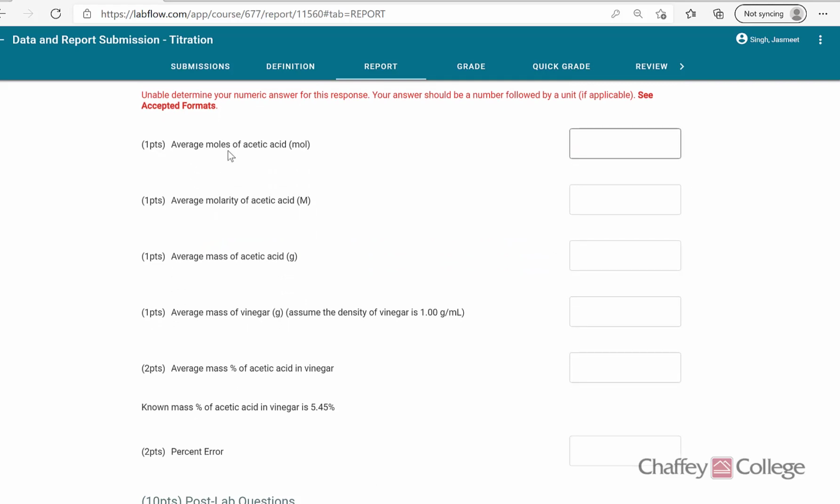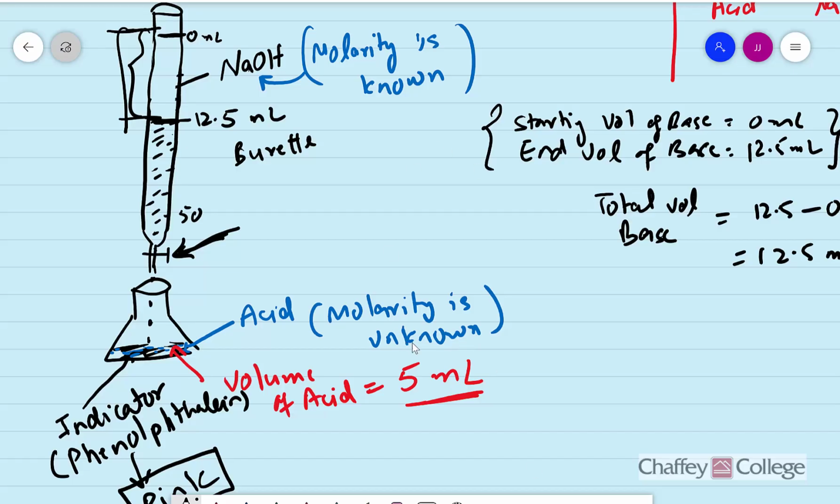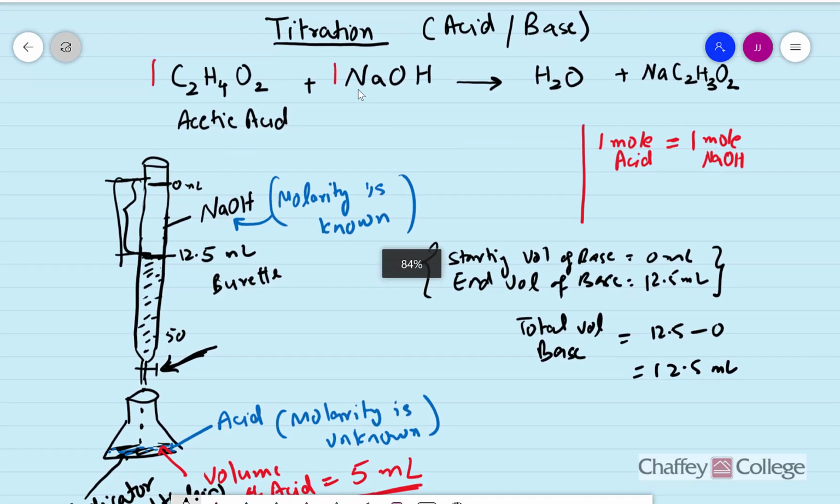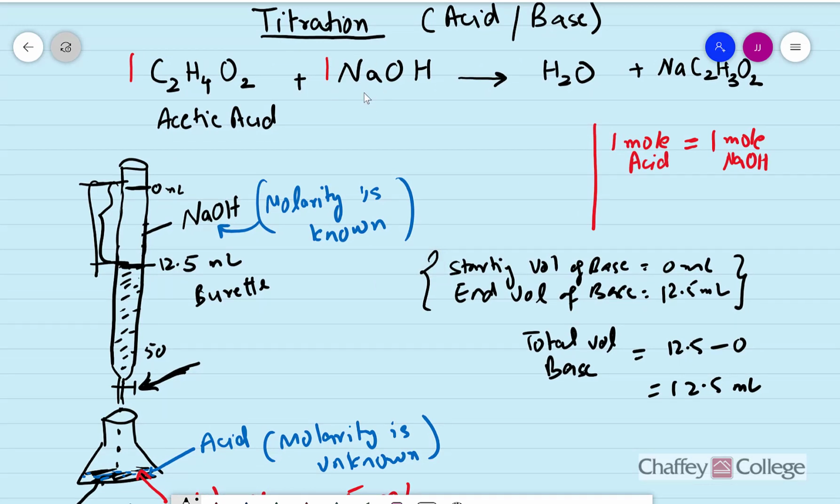Next is average moles of acetic acid. Average moles of acetic acid come from the balanced equation. As we saw in the balanced equation, for every 1 mole of NaOH we need 1 mole of acid to neutralize it. So our equation is 1 mole of acid equals 1 mole of NaOH.